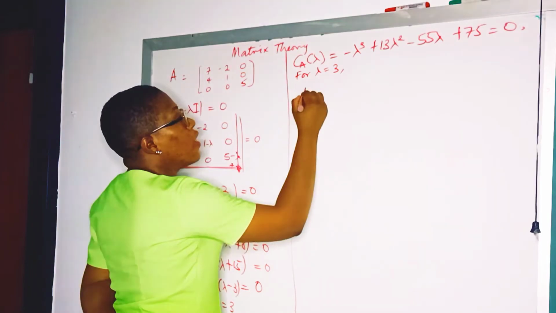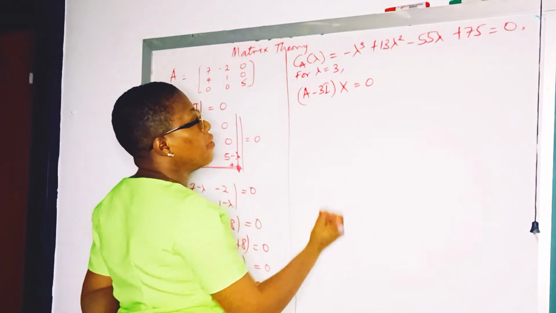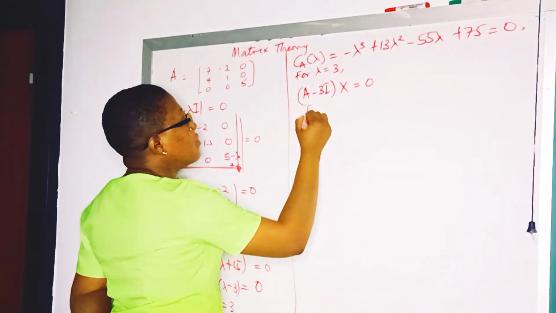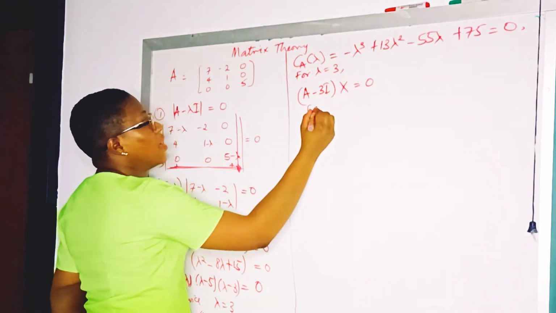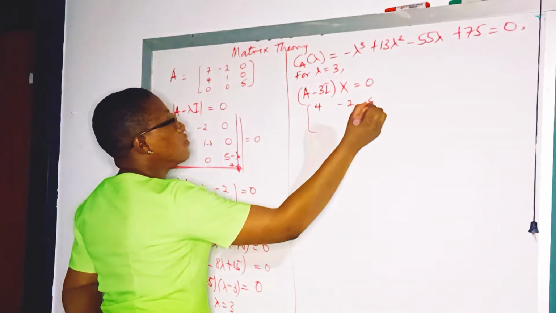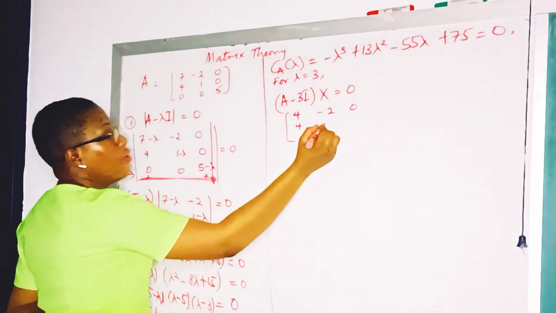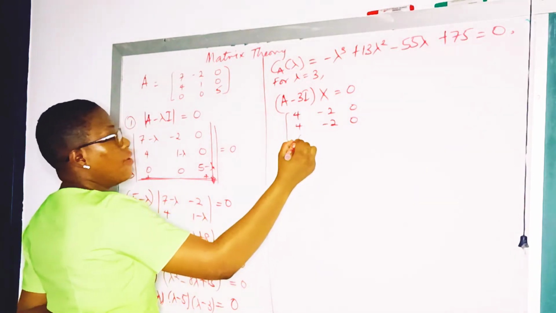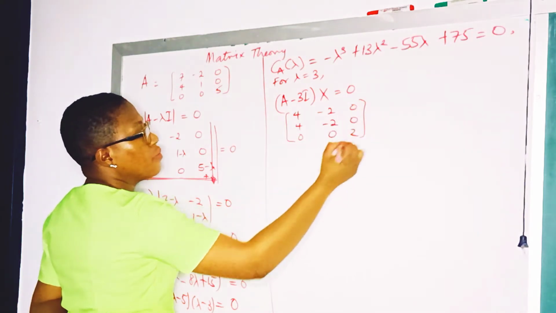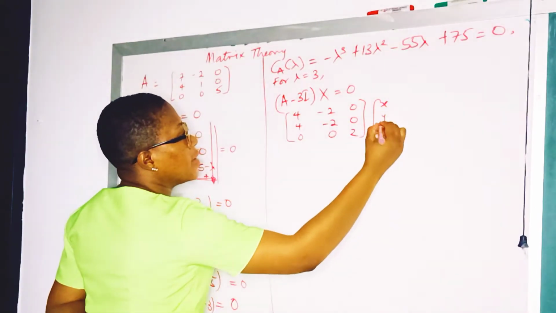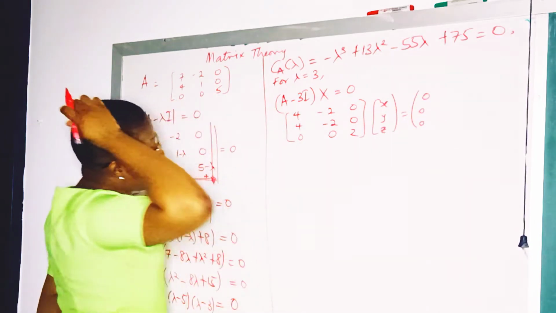We have A minus 3I times some vector x is equal to 0. A minus 3I is obtained by substituting 3 on the diagonal. We have 7 minus 3, which is 4, minus 2, 0; 4, 1 minus 3, which is minus 2, 0; 0, 0, 5 minus 3, which is 2, times some x, y, z is equal to 0, 0, 0. So we can row reduce.